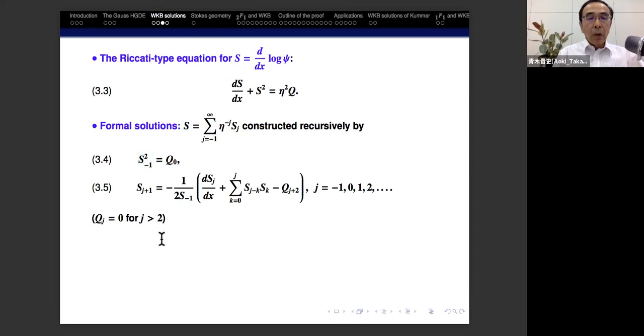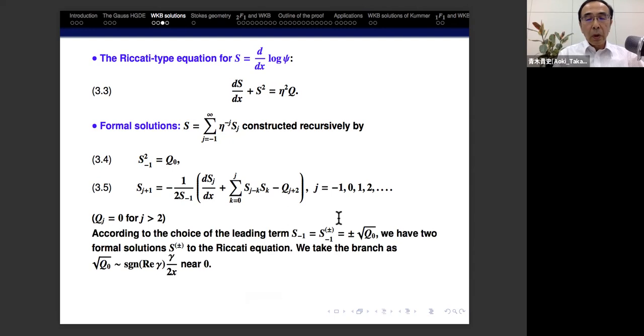So if you choose one of the square roots of Q naught, then the higher order terms Sj are determined uniquely and successively. Now, of course, there are two choices of branches.